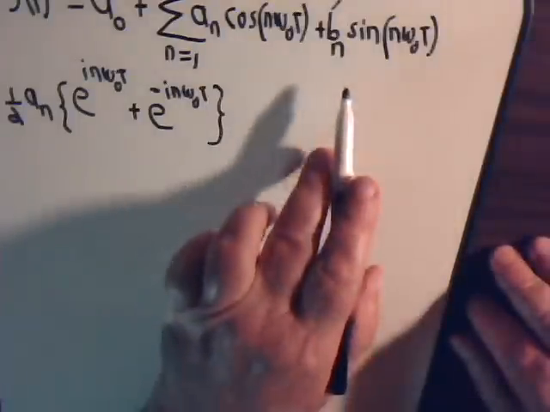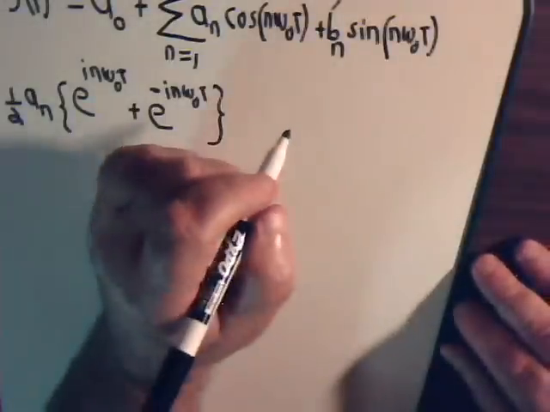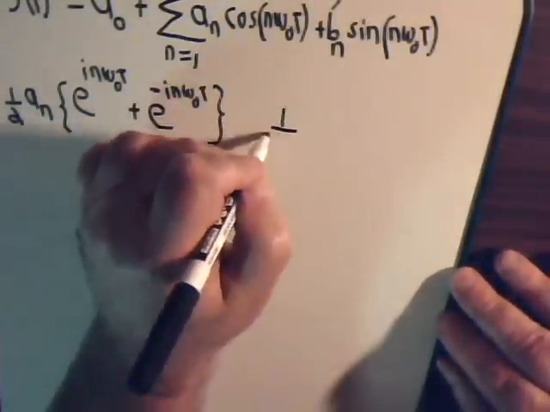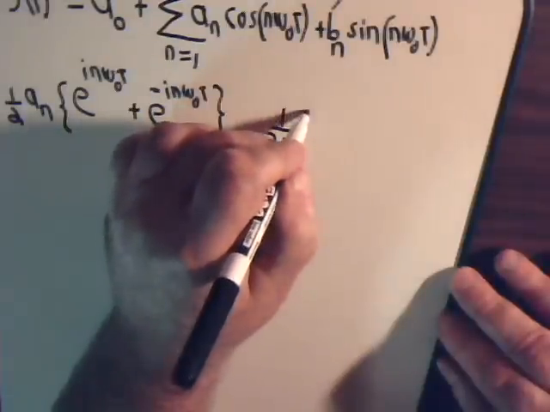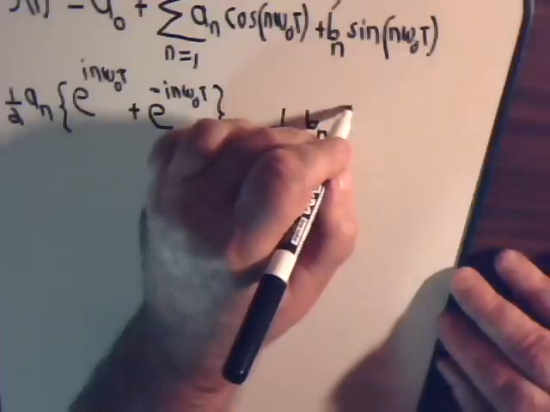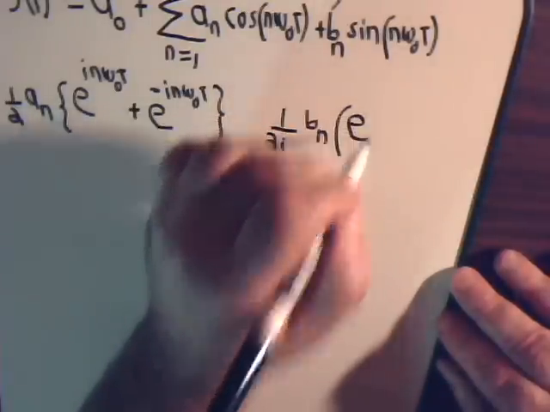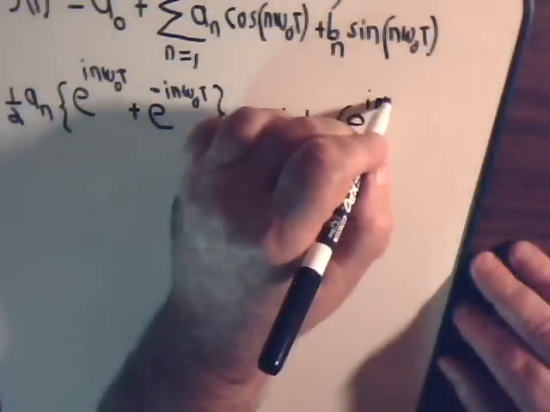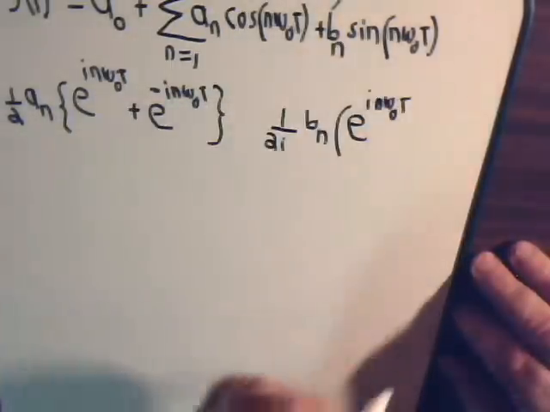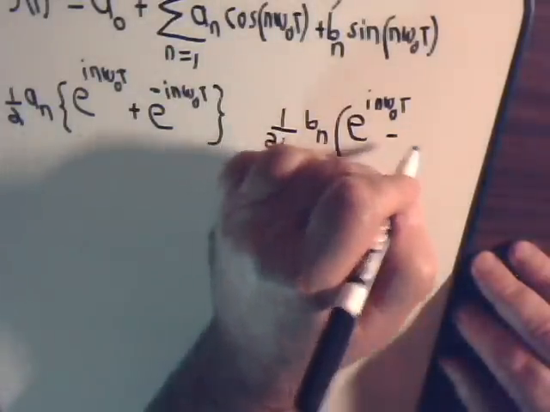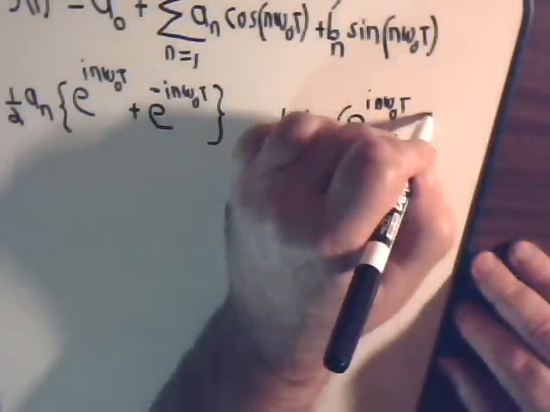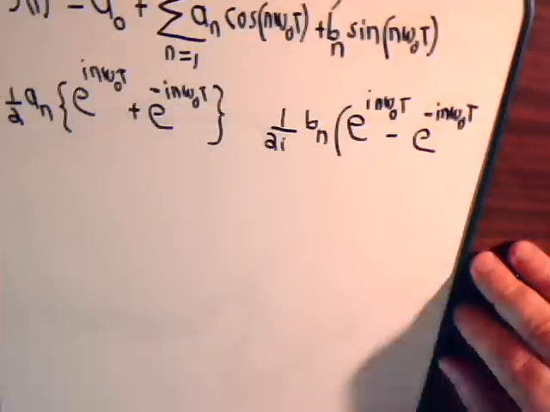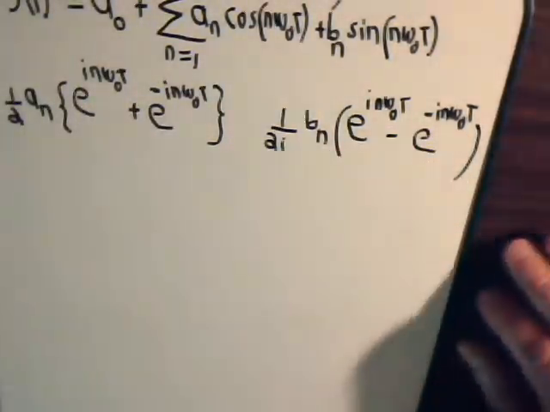And for b sub n times this, that would be the same thing as 1 over 2i times b sub n times e to the I n omega t minus e to the minus I n omega t.